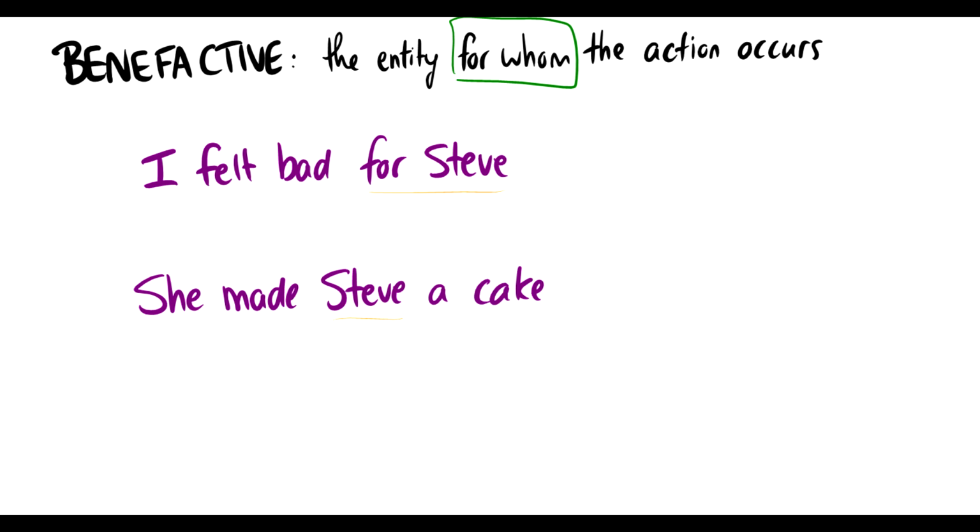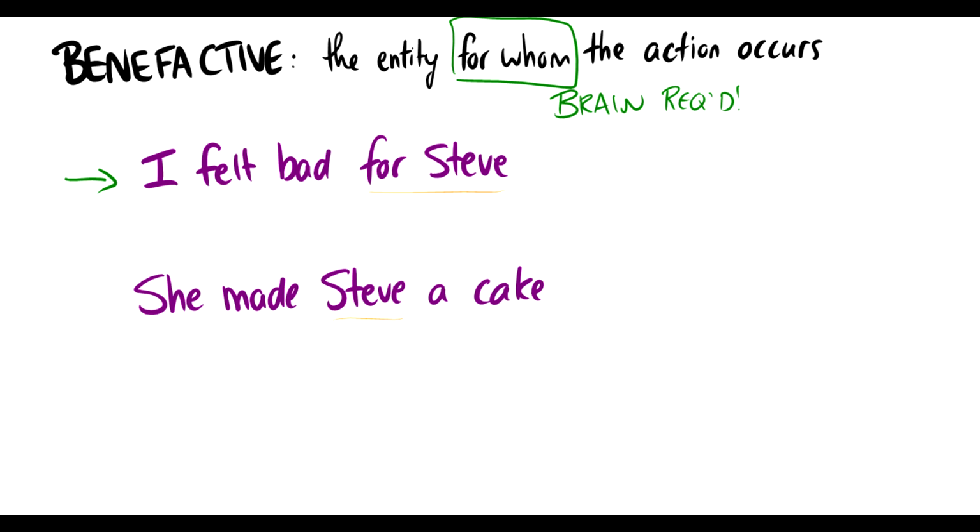Now this is very hard to realize syntactically, so you need to use your brain for these benefactives. You need to have a decent grasp of the English language. So if English is your second language, this might be one that's a little bit more challenging.